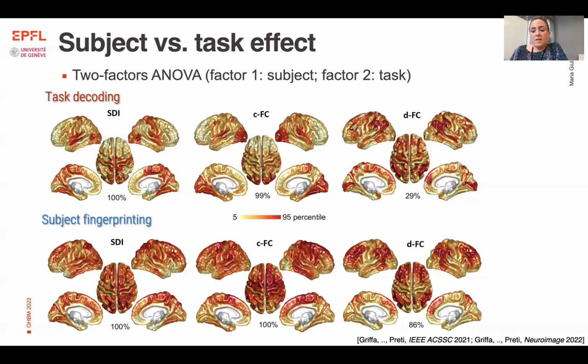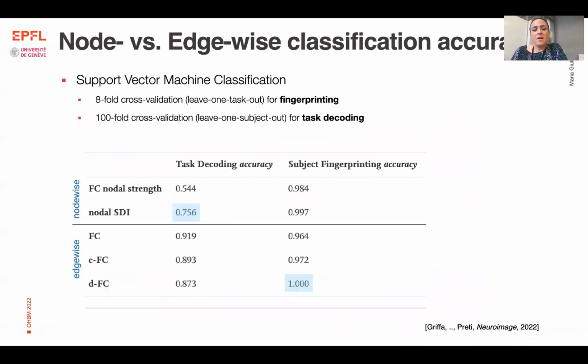And then in terms of accuracies, for both fingerprinting and task decoding, we found very high accuracy, so much higher than the chance level that here would be 0.125. In particular, for node-wise metrics and task decoding, the nodal SDI performed better than an equivalent in terms of dimension, an equivalent measure of functional connectivity.